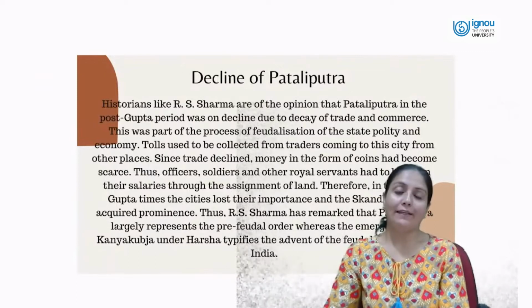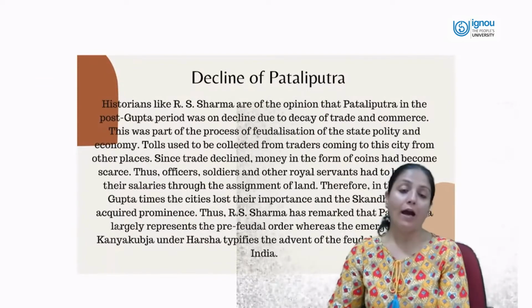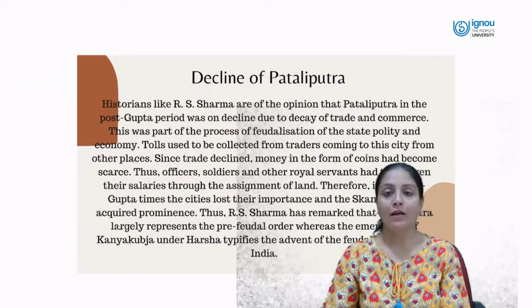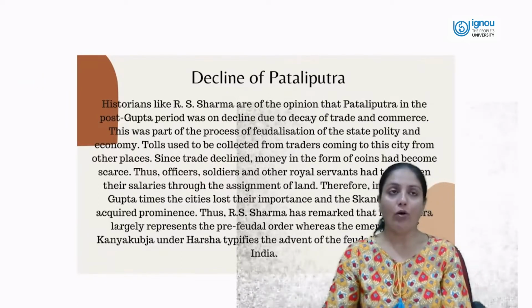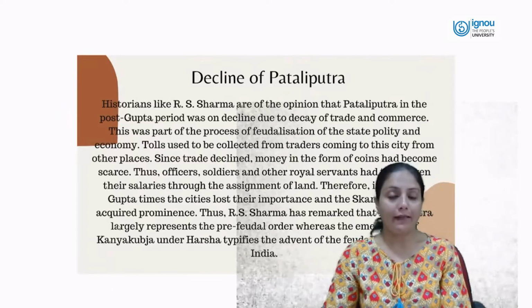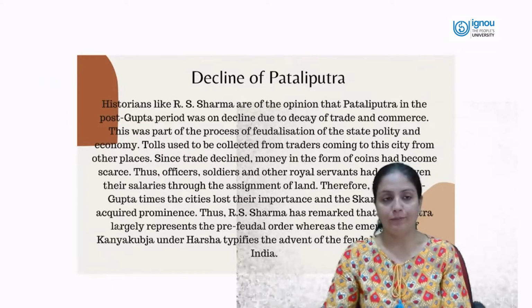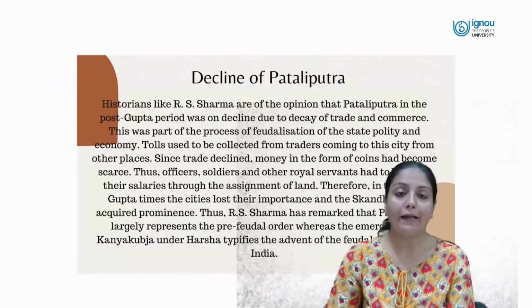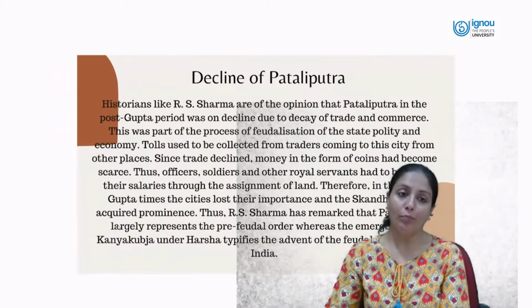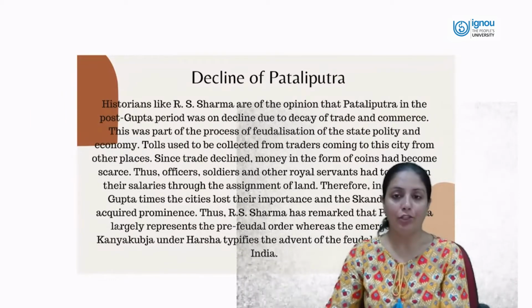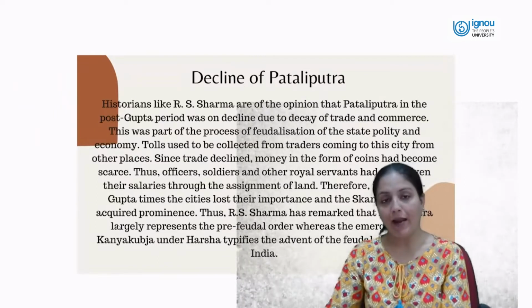Now the topic is the decline of Patliputra, because earlier the capital was Patliputra. How did Patliputra decline at that time, and how did Kannauj become the capital? Historians like R.S. Sharma are of the opinion that Patliputra in the post-Gupta period was in decline due to decay of trade and commerce.